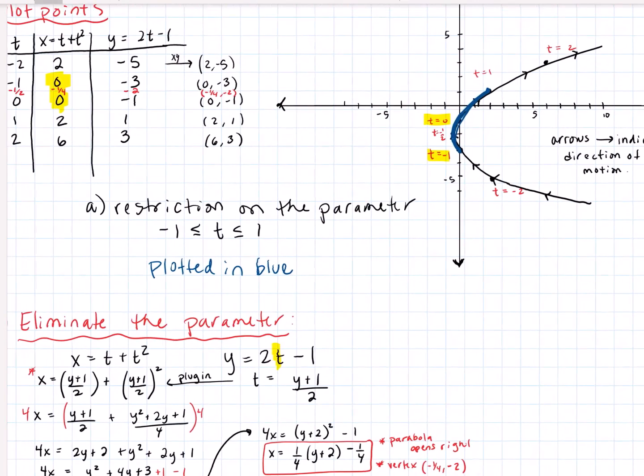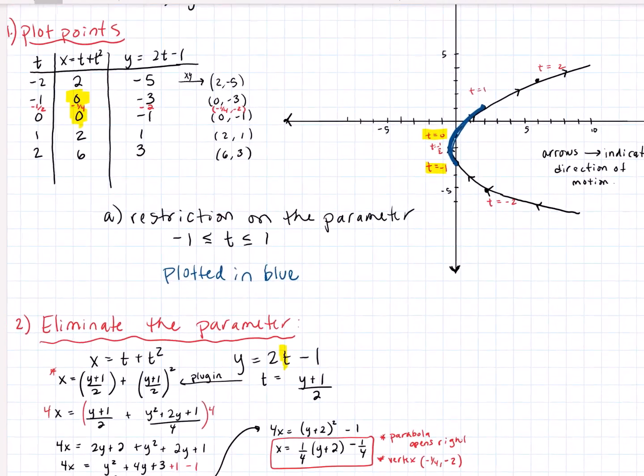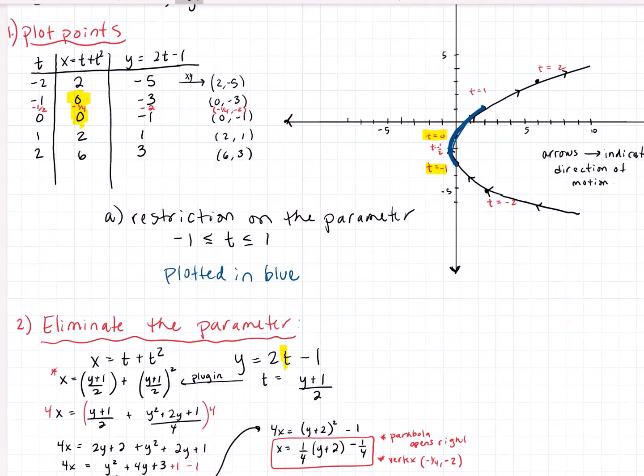What has been lost right here is the direction of motion. When we eliminate the parameter, we do lose the direction of motion and any bounds that are given for the parameter.